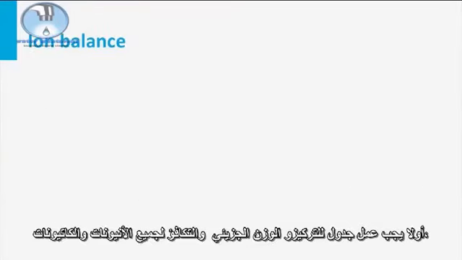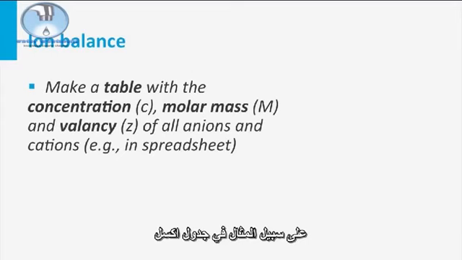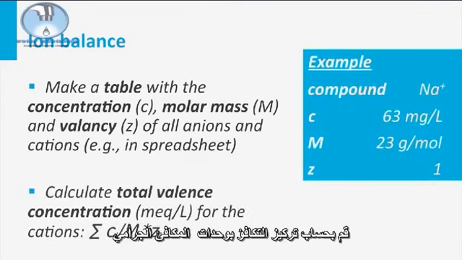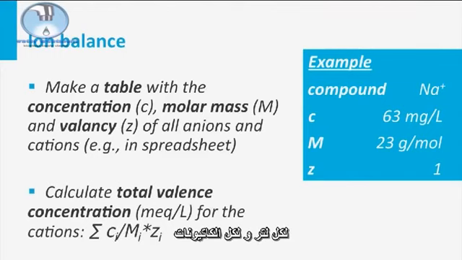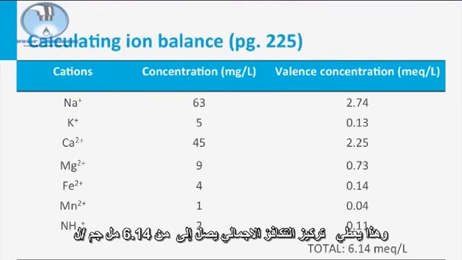First, you make a table with the concentration, molar mass and valence of all anions and cations. For example, in a spreadsheet. For sodium, this is depicted in the slide. Then calculate the valence concentration in milliequivalents per liter for all cations. This adds up to a total valence concentration of 6.14 milliequivalents per liter.